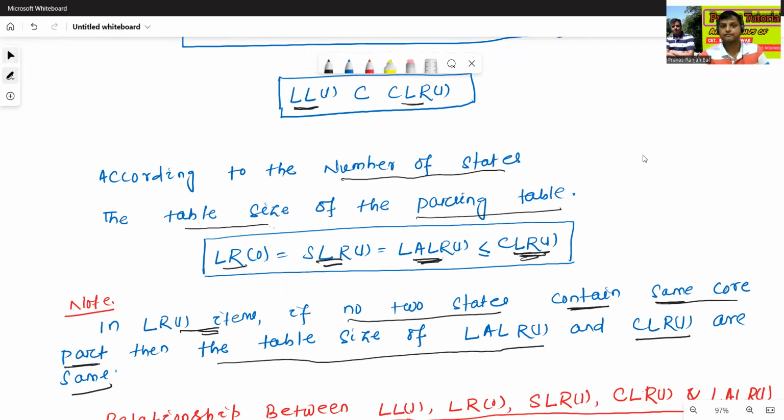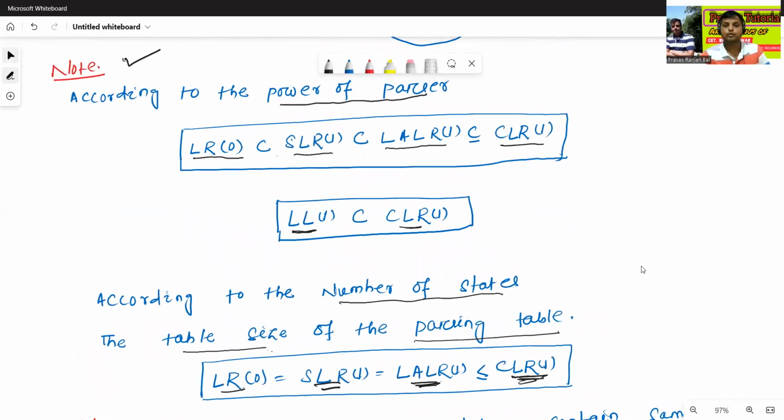Remember, finally one conclusion, which parser is the best parser.